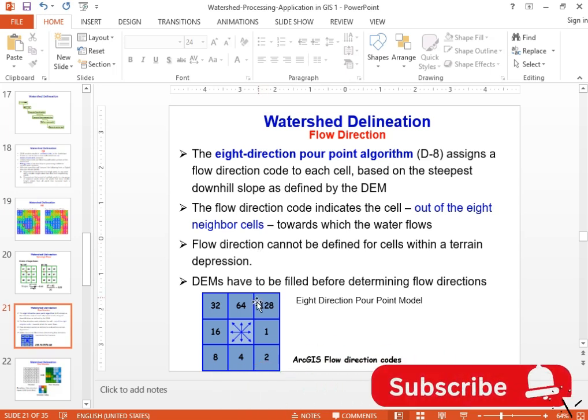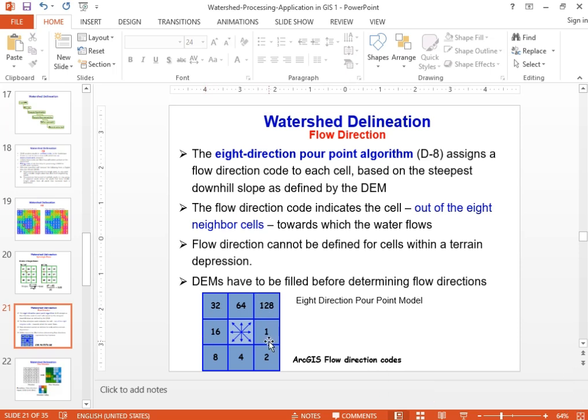Actually, you can observe this. It has the 8 direction algorithm, for instance, 1, 2, 3, 4, 5, 6, 7, 8. If the direction looks like this one, you should provide 1. If the flow direction is in such a way, you should write 2 on the side. If its direction is like this one, you should write 4. If it is upward like this, that is 64.